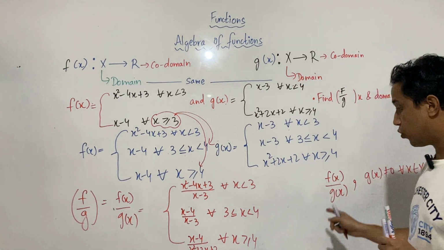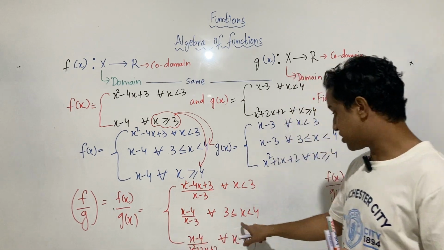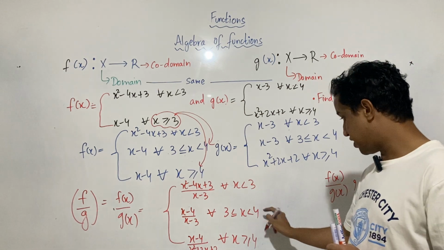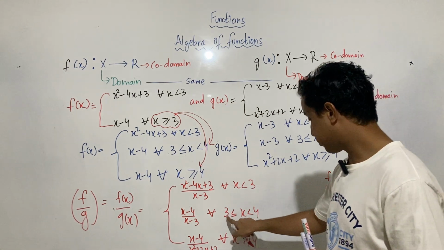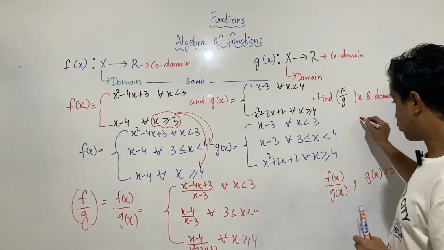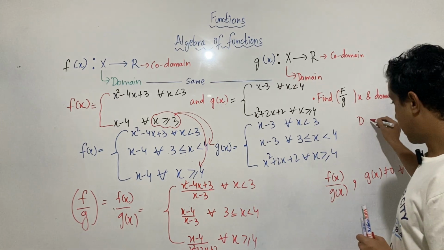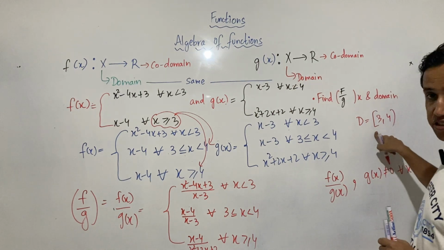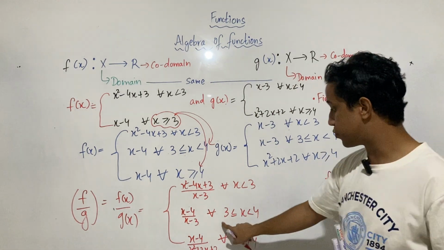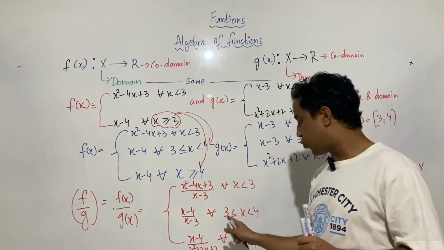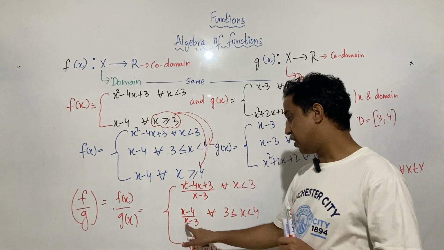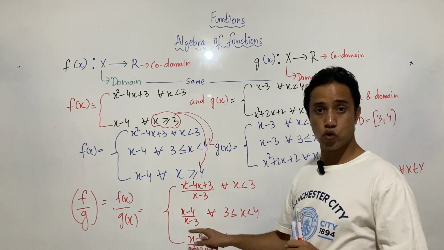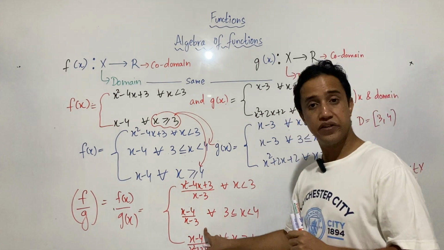If you look at piece number 2, our domain is 3 to 4, with a closed bracket at 3 because 3 is included. But when we take this value 3, this function is not defined, because 3 minus 3 is 0, and we cannot afford 0 in the denominator.